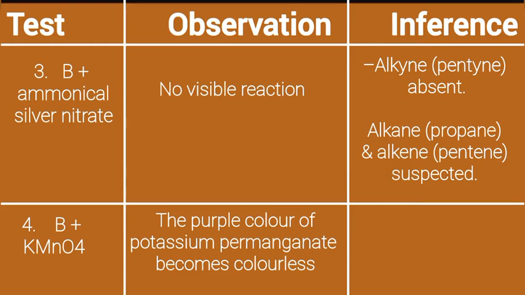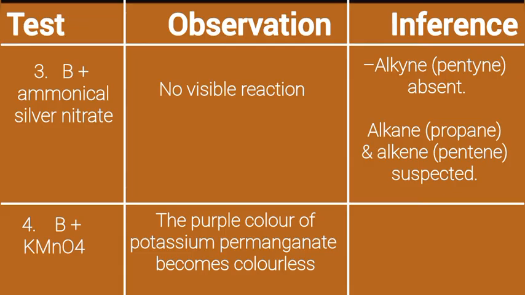Remember that alkyne also decolorizes potassium permanganate. But B cannot be an alkyne in this case, since test number 3 with ammoniacal silver nitrate has eliminated the possibility of liquid B being an alkyne, that is pentyne. We have eliminated that possibility.